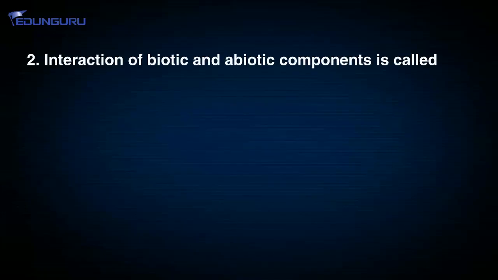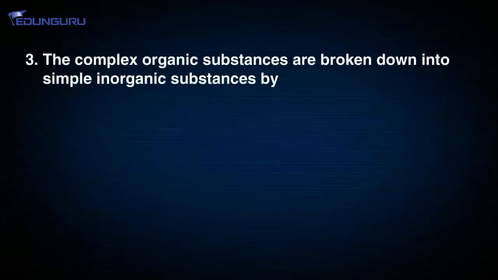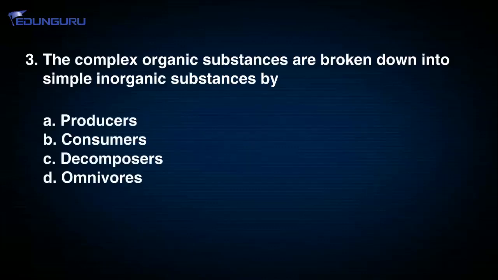Interaction of biotic and abiotic components is called A. Ecosystem, B. Biosystem, C. Hydrosystem, D. Environment. Question number 3. The complex organic substances are broken down into simple inorganic substances by A. Producers, B. Consumers, C. Decomposers, D. Omnivores.